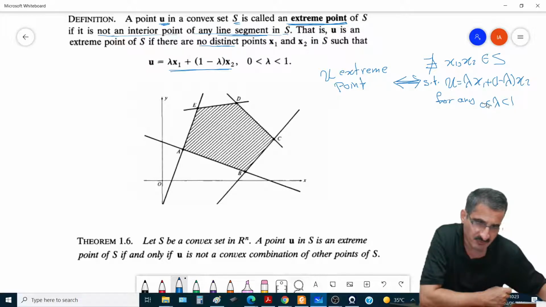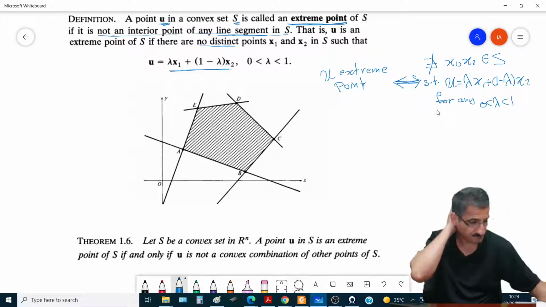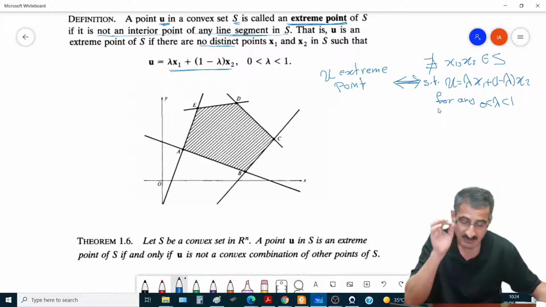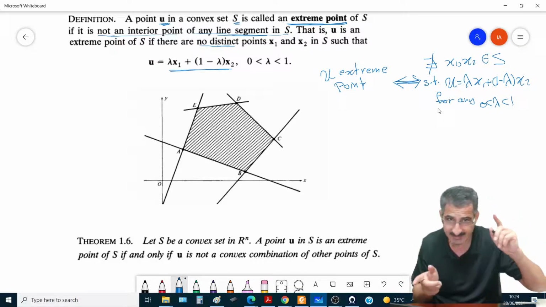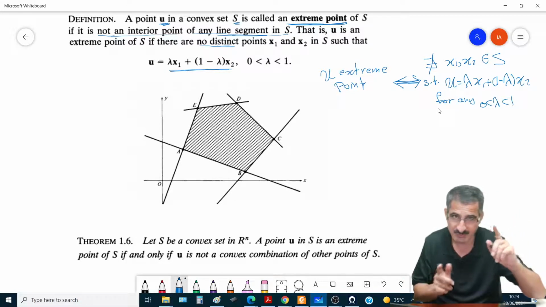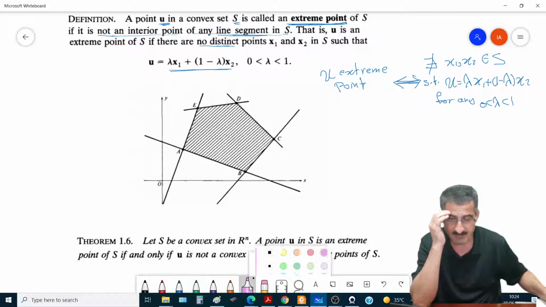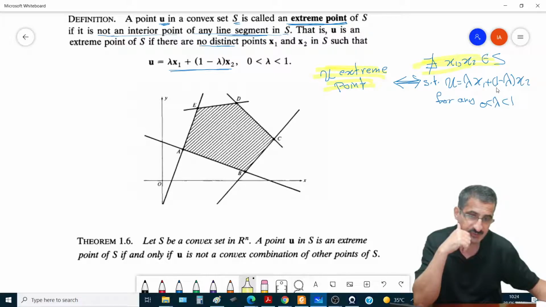Lambda here does not equal 0, because if it equals 0 it gives us x2, and if it is 1 it gives us x1. So U would be either x1 or x2. We don't want that to happen. We want U to be strictly on the line segment joining x1 and x2, but not x1 and not x2. So we do not allow lambda to equal 0 or 1. So U is an extreme point if there are no such x1 and x2.